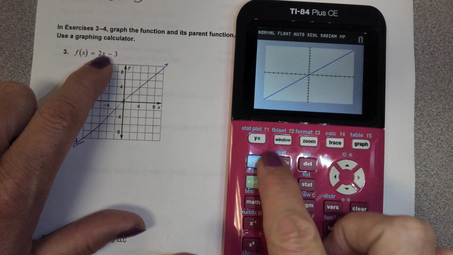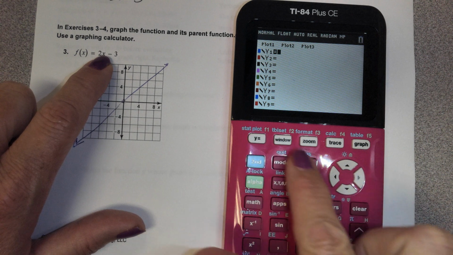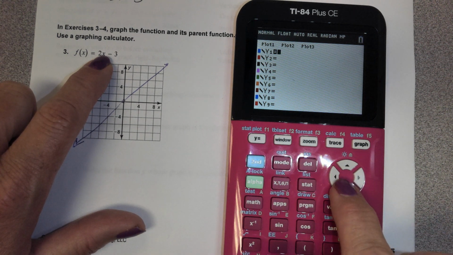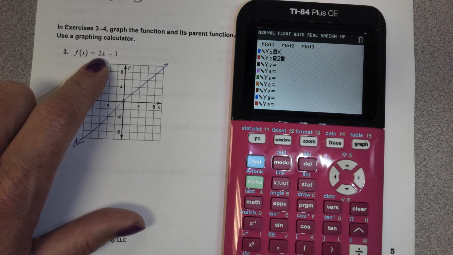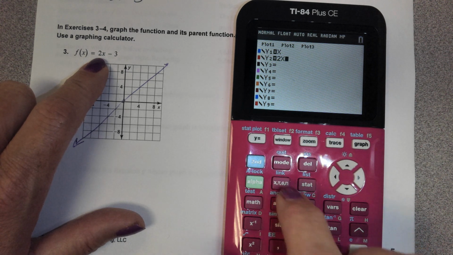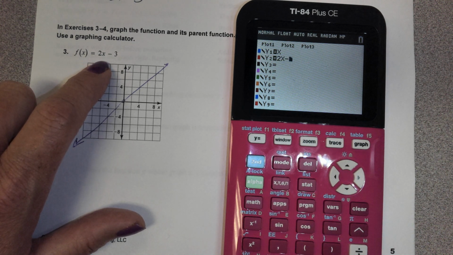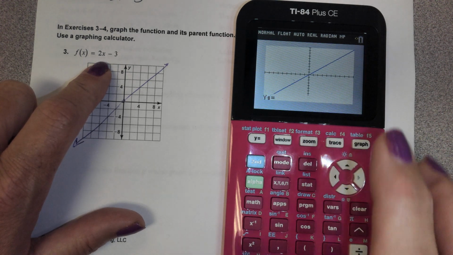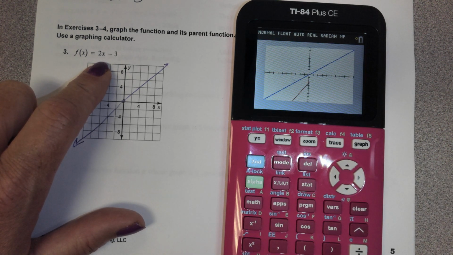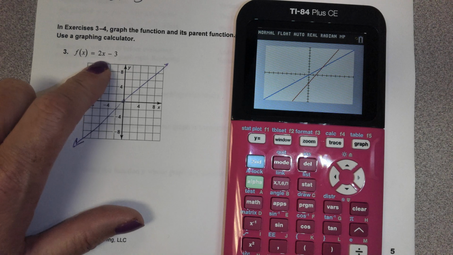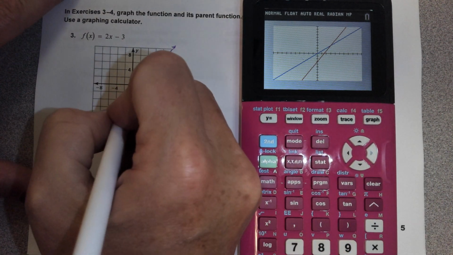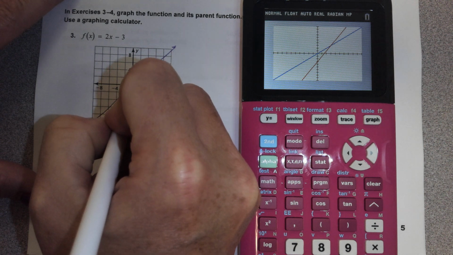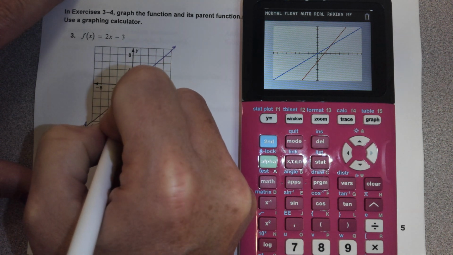Now I'm supposed to graph this, so I'm going to go back to y equals, and I'm going to go down to y sub 2, and I'm going to put this one in. 2, here's the x, minus 3. And at this point I can just start hitting graph because I've done that zoom enough. So here's my new one. Okay? So I can see now I've got this y-intercept at negative 3, and I've got this slope of 2.